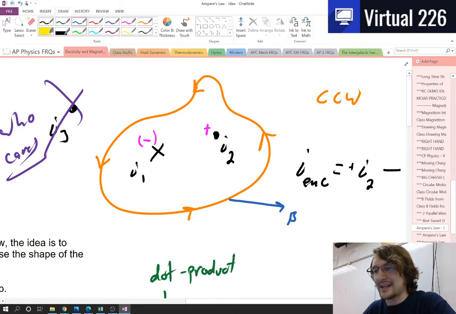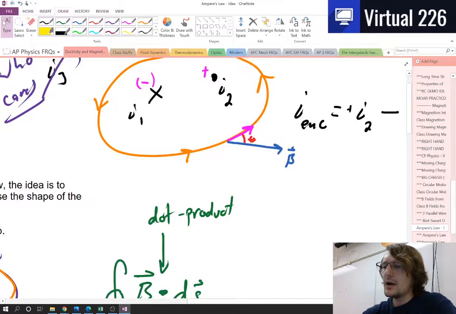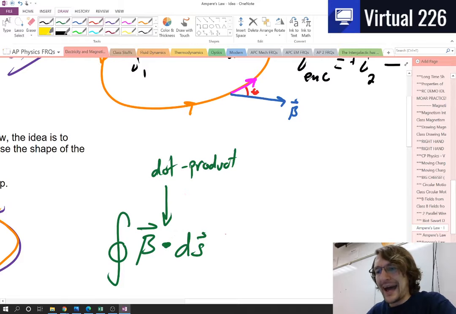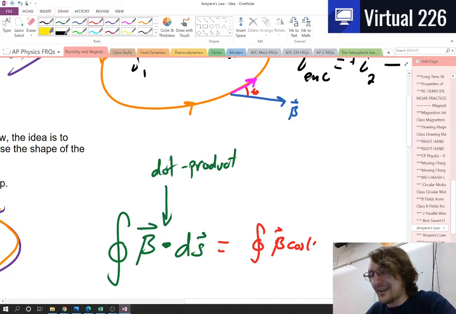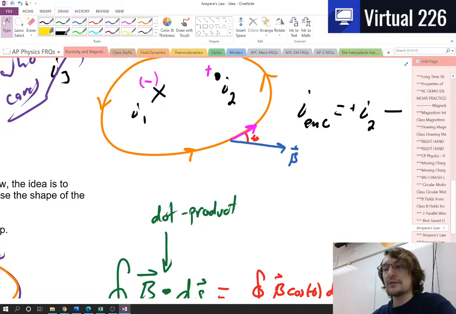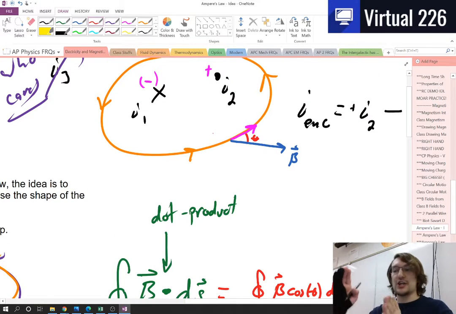I don't know exactly how it's pointing, but let's just say it is. Our direction walking tangentially along the loop is this way, in pink, and the angle between them, in red, is some angle theta. For a dot product, this is the integral of B times cosine theta ds, where that theta might be changing the whole time because our loop is changing direction and our B field could be pointing in all sorts of different ways.